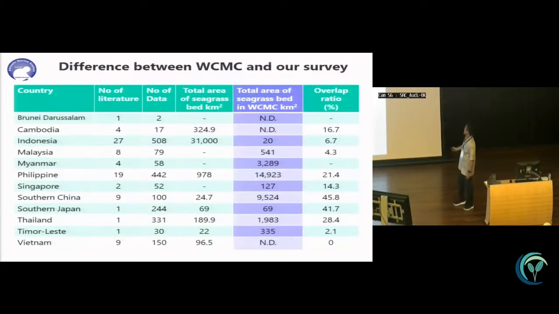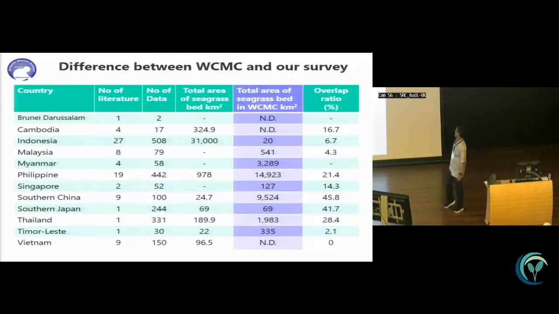So this is a summary of our literature survey compared with the UNEP-WCMC data. I first wanted to compare these two databases to see the increase or decrease of seagrass beds in each country. But as you see, for example, in Indonesia there's a big increase, which is not realistic.